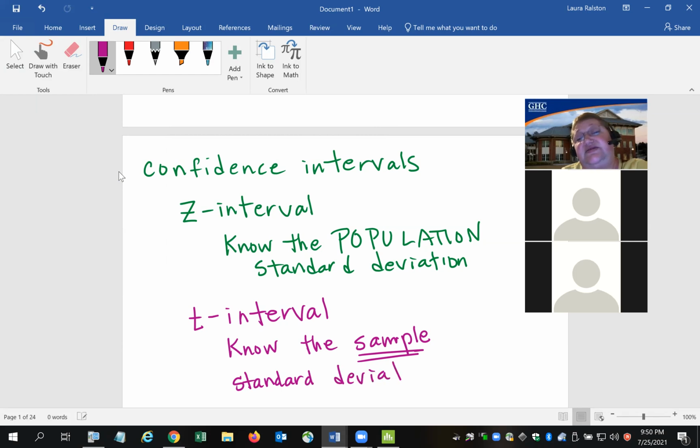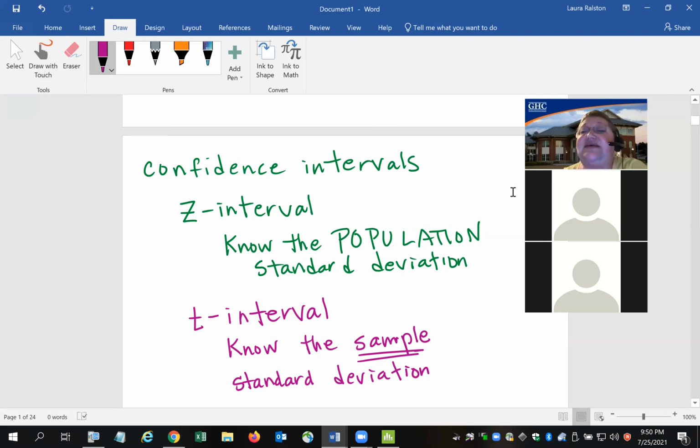The difference or the deciding factor is whether the standard deviation that has been given to you is the population standard deviation or the sample standard deviation. Occasionally, you get both. Guys, if you know the population standard deviation, you got to use it.